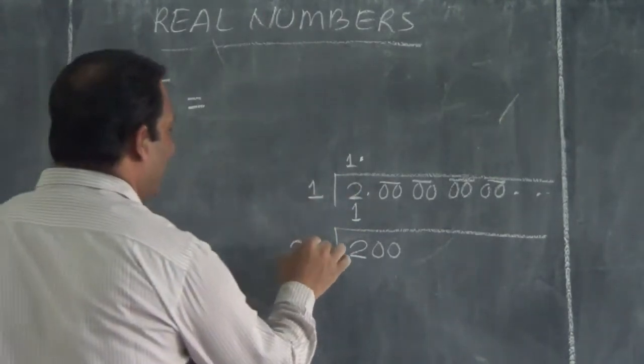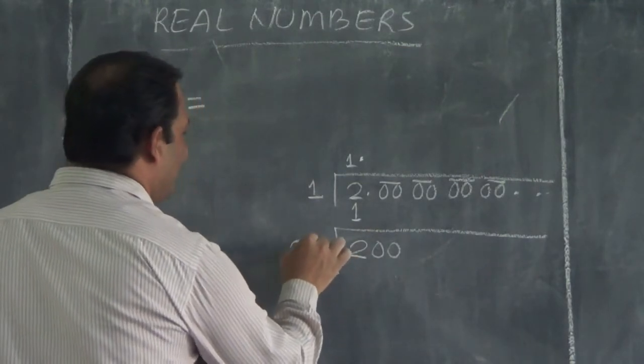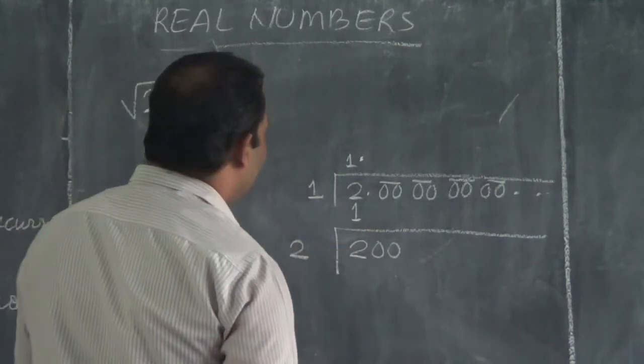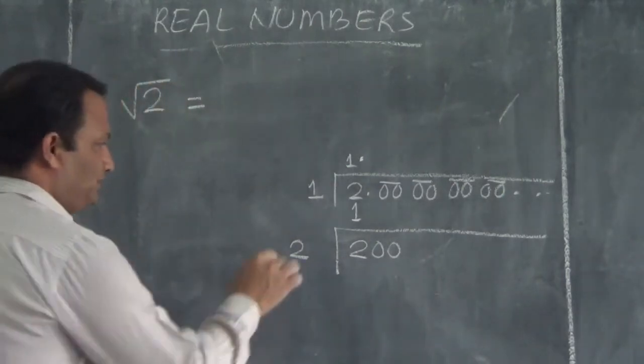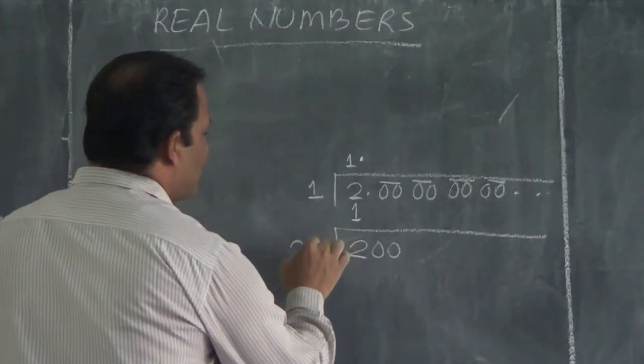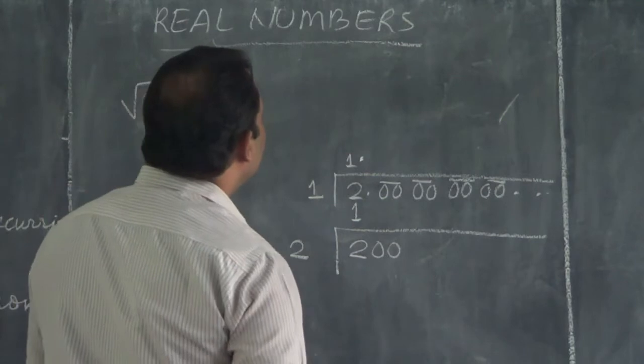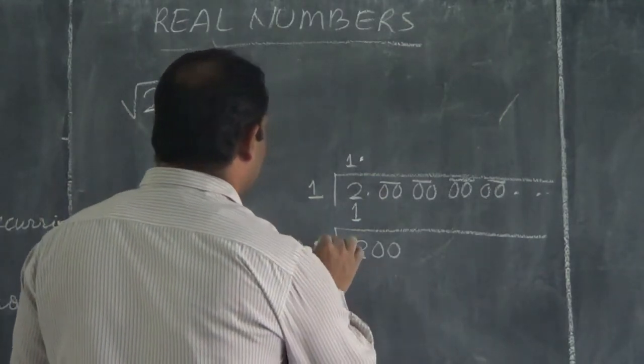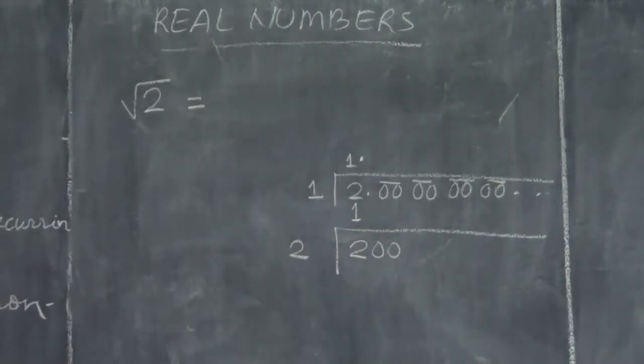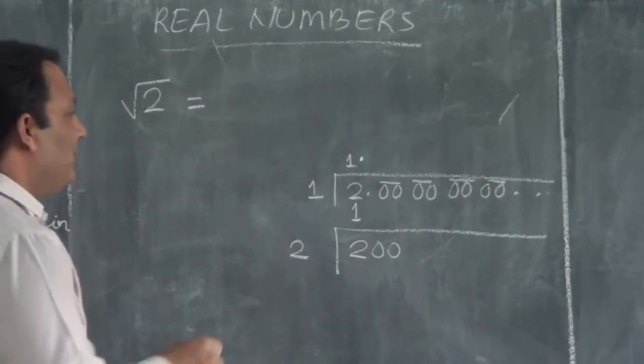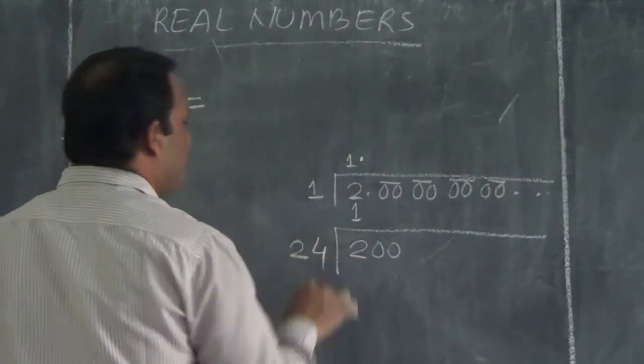And here how many times will I take? 1 point, square root of 2, 1 point, it is coming 4.